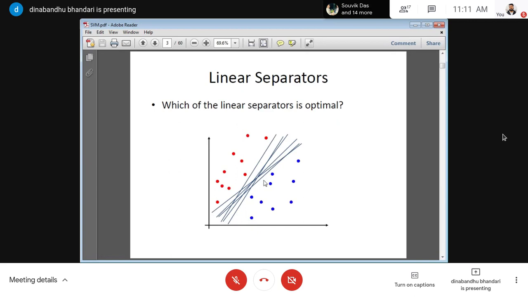Will you be happy to use this line, the second line, or maybe this one as a boundary, a separator? If you take this one, and you have a point somewhere here, this point will be classified as blue, but we would prefer to classify a point somewhere here as red. Maybe one which is equidistant from these two classes will be a better one.